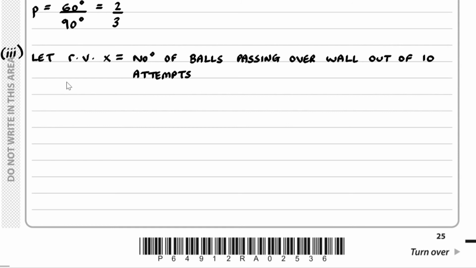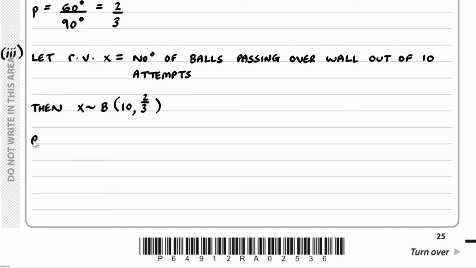If we let the random variable x equal the number of balls passing over the wall out of 10 attempts, what we can say then is we are looking at a binomial with parameters 10 and probability 2/3.